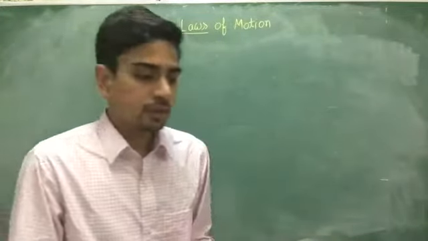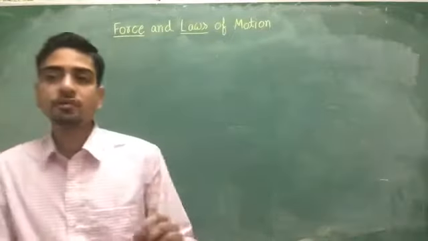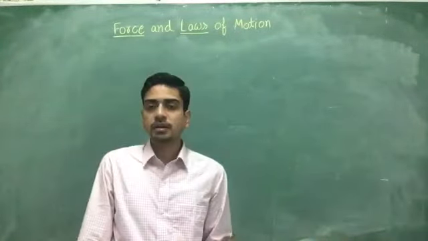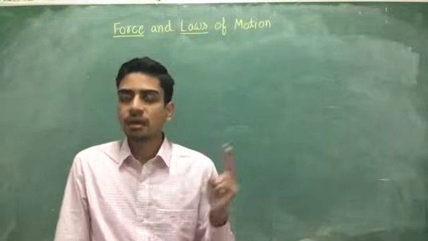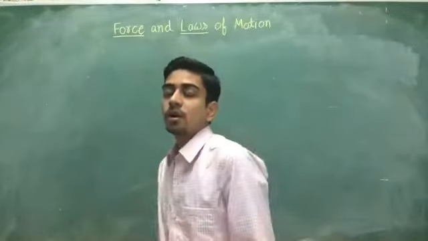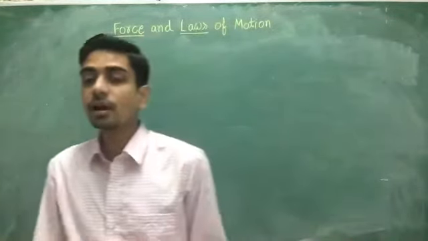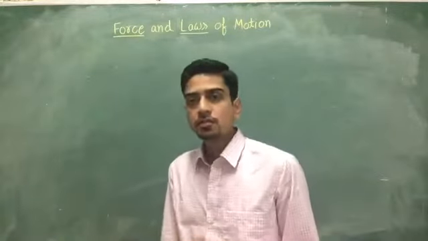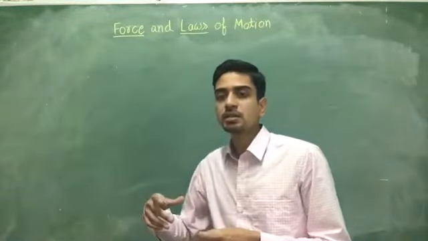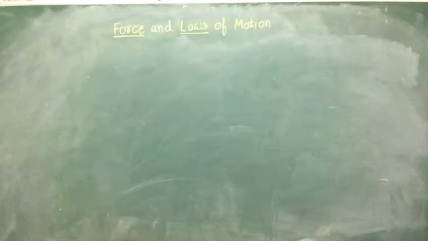Why does it happen? To answer this you need to recall the second law of motion, the concept of mass: F equals m a, mass and acceleration, how they are related. If the mass of an object is less, and equal force is applied on two objects, but the mass of one object is less and the other is more, then the acceleration of the light object will be more. The velocity of the light object will change more in less time. That is why the gun does not come backwards with so much speed. The acceleration of the gun is much less than the acceleration of the bullet.